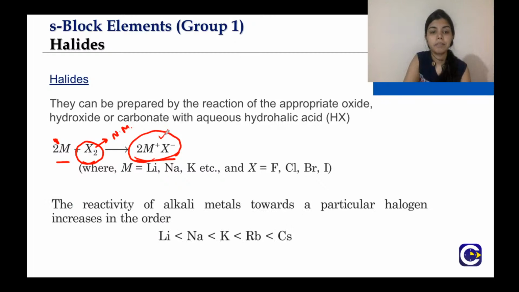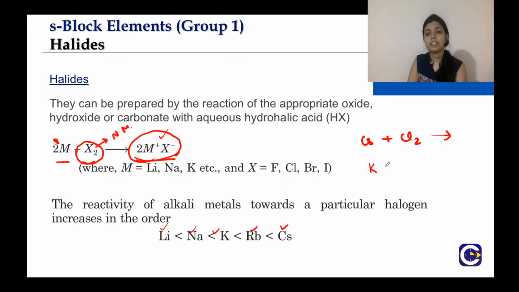Now the reactivity of alkali metals will increase down the group. That means cesium will be more reactive towards a particular halogen, then rubidium, then potassium, then sodium and then lithium. So if I give you a question like this, cesium plus Cl2 and the other one, let us say, potassium plus Cl2, which reaction will be faster?